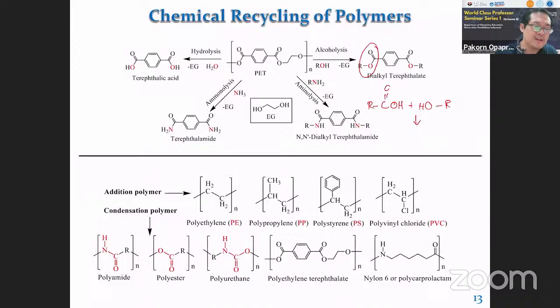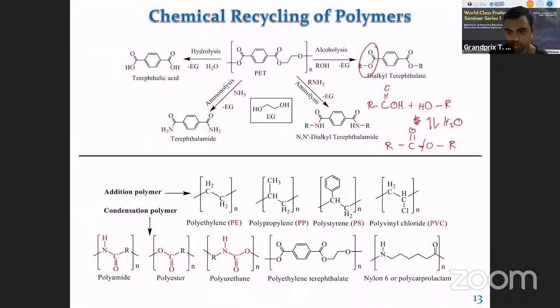When these react, they generate an ester bond. And once it's generated, this ester bond can also break. So this reaction is actually reversible, by water. That is for small molecules.